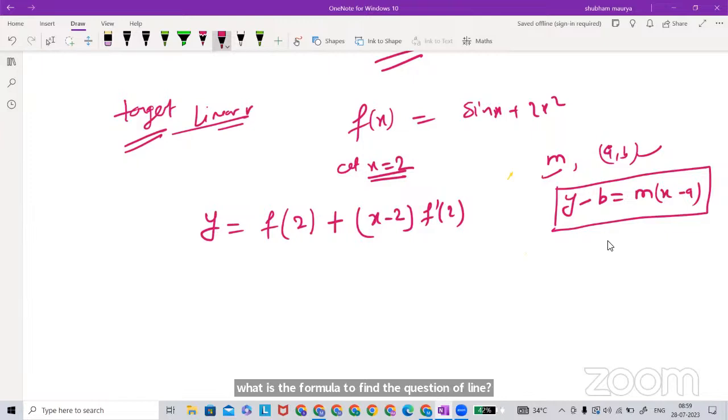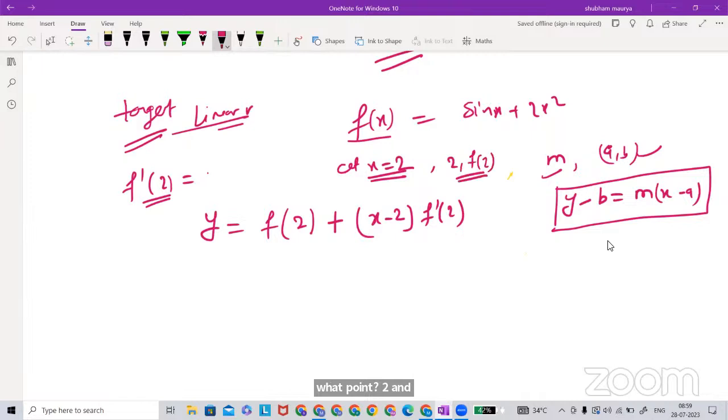And we just discussed that the derivative, f prime of 2, gives the slope of the tangent. That means the slope is already given, and the point is 2 and the function value of 2. Compare these two formulas: they are exactly the same.